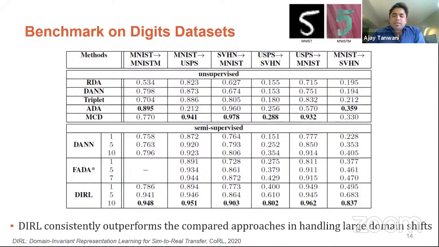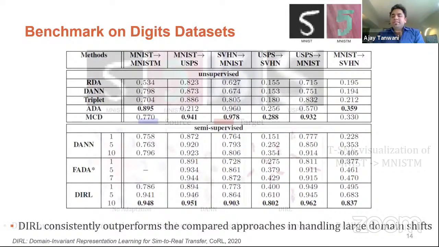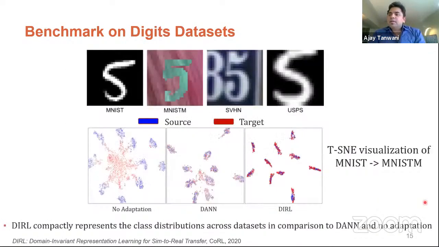DIRL consistently gives better performance across all these problem statements in comparison to the unsupervised and semi-supervised domain adaptation approaches in handling large domain shifts. TSNE visualization results suggest that DIRL compactly represents the class distributions across datasets better in comparison to DAN that only aligns the marginal distributions and the no adaptation scenario.